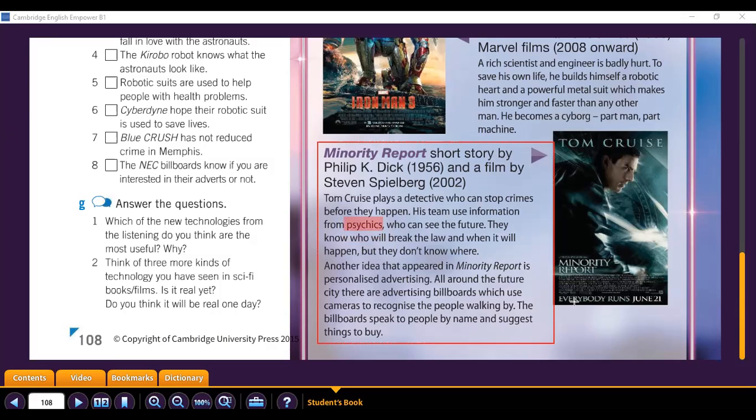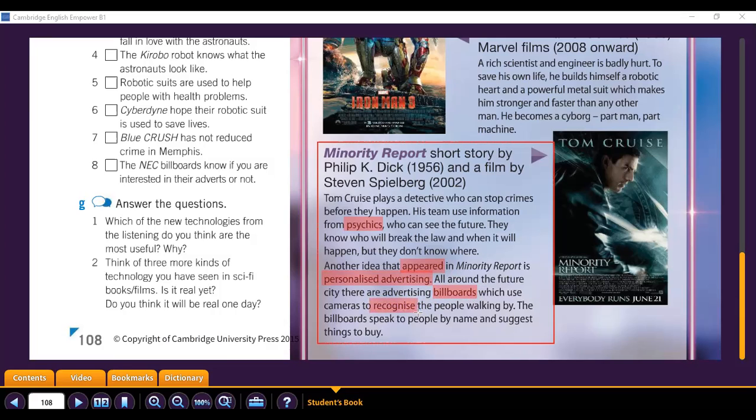Another idea in Minority Report is personalized advertising. All around the future city there are advertising billboards which use cameras to recognize the people walking by. The billboards speak to the people by name and suggest things to buy.